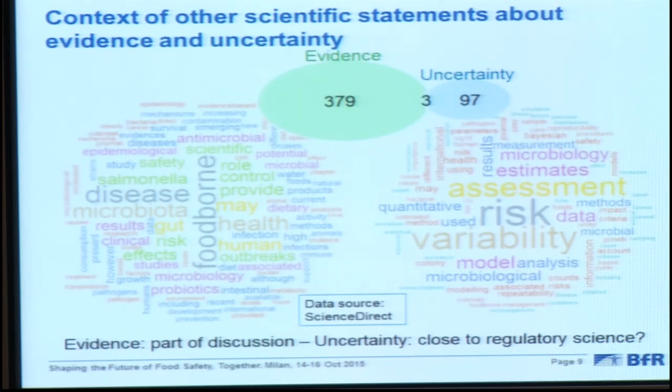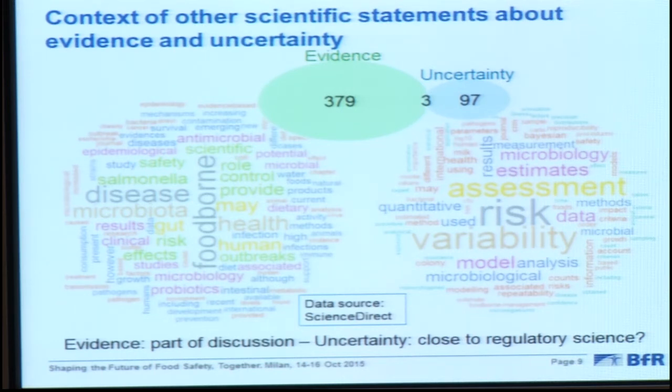So again, with all caution, we could speculate that evidence in the general scientific literature is used as part of the discussion when each single research topic is discussed under, let's say, the perspective of evidence, whereas uncertainty seems to be a term which is somehow at least inspired by risk assessment methodology.